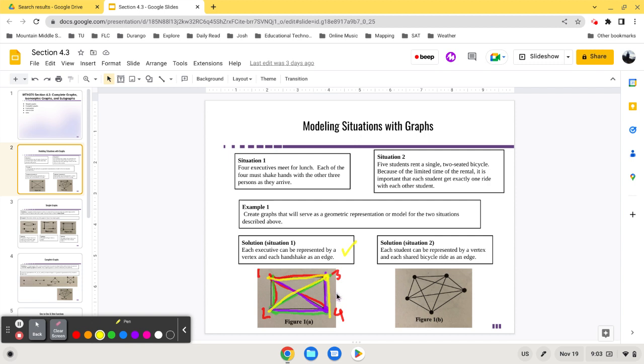Let's say we had 5 students and they were going to rent a single 2-seated bicycle, but because of limited time, you wanted to make sure that each student gets exactly 1 ride with each other student. Once again, we'll start off and call this student 1. Student 1 rides with student 2, 3, 4, and 5.